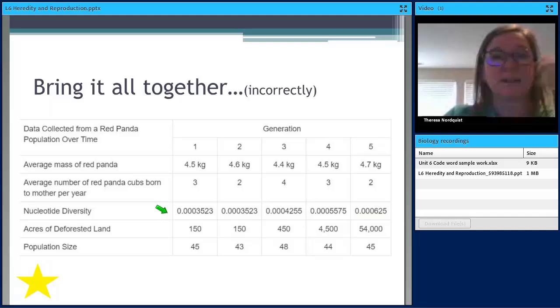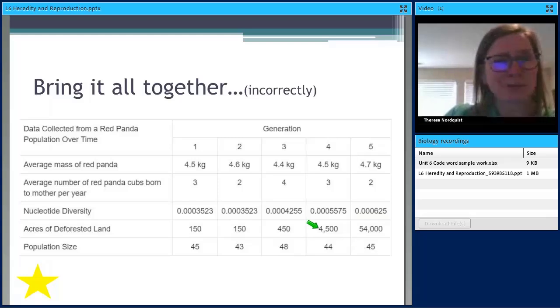Looking at nucleotide diversity, so that data that was on that other graph, it's going up. Looking at acres of deforested land, all right, and that's going up. Some big changes. These two, it stayed the same, and then it went up to 450, now 4,000, now 54,000. Big changes there. And then population size, which, oddly, is not changing.